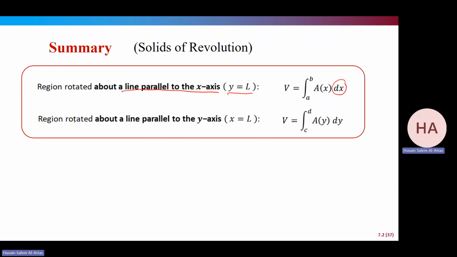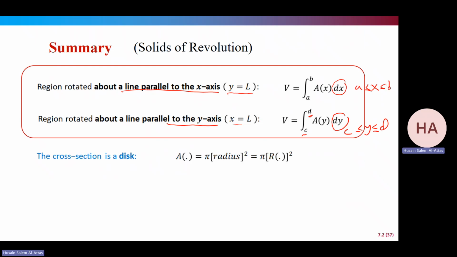If the rotation is about a line parallel to the y-axis, x equals L, x equals 0, like the y-axis or anything parallel to the y-axis, then everything is in terms of y. Also y is between c and d, while here I have x between a and b. This is about the limits of integration.